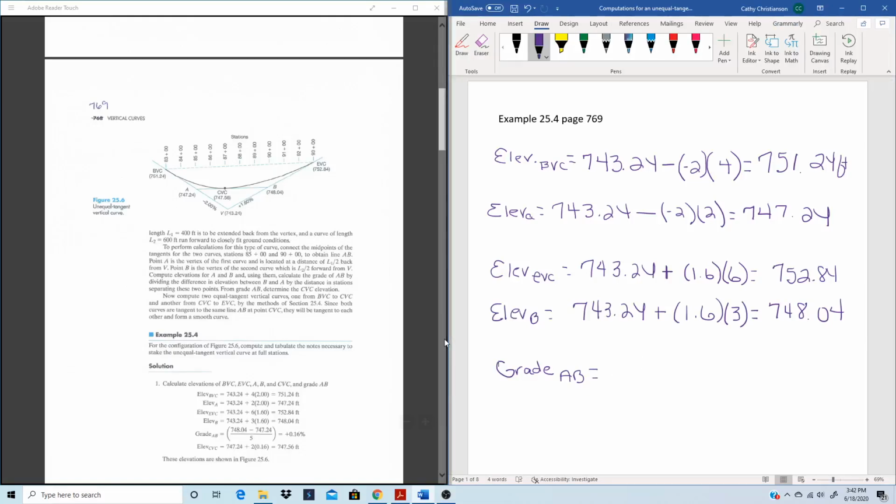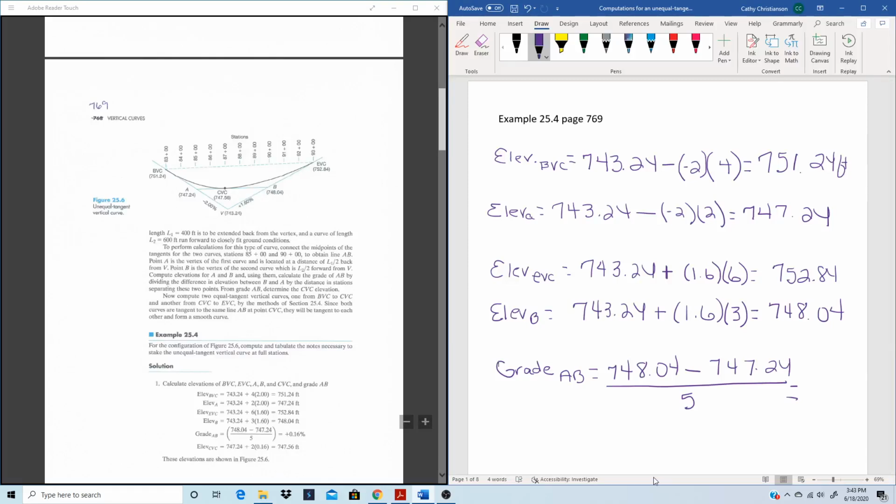The grade B is 748.04. Going to subtract the elevation at A, 747.24, and we're going to divide it by the length in stations, which is 5, because there's 500 feet. So if this one's at 85 and B's at 90, that's 500 feet or 5 stations.